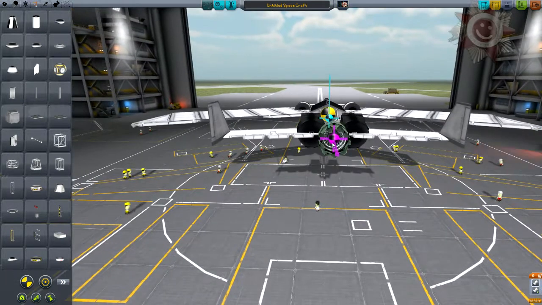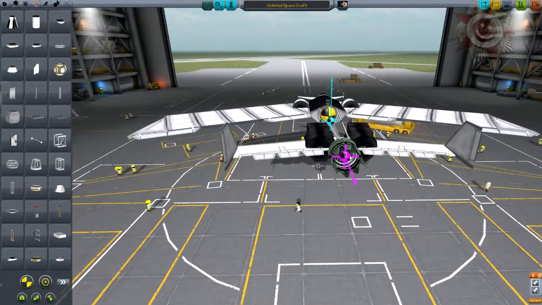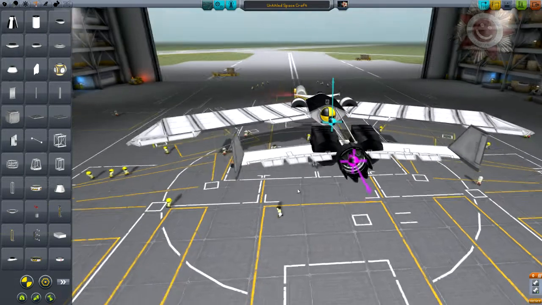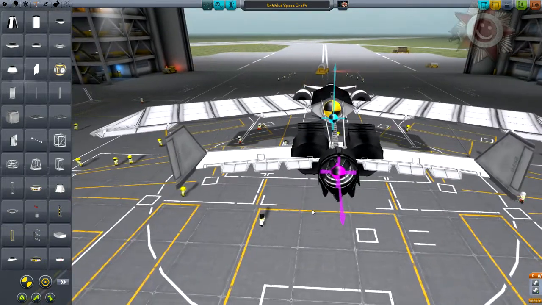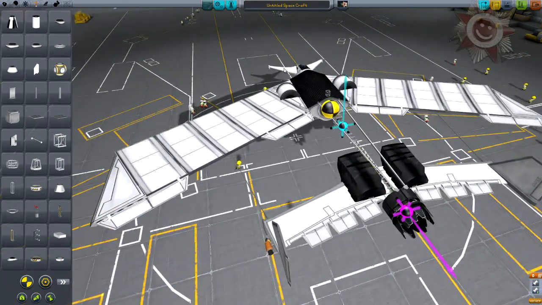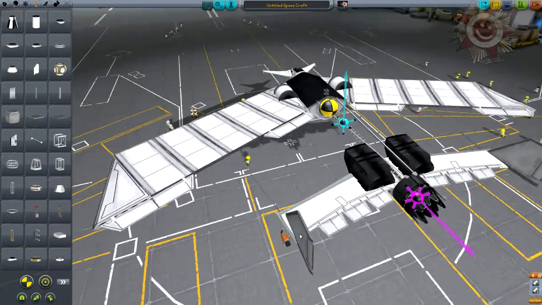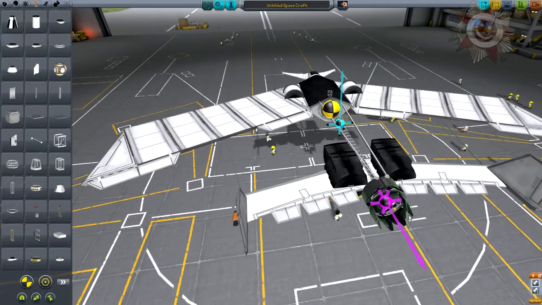If it's just a little bit off center, you may be able to get away with it, because the plane has these control surfaces here in the front and in the rudder, and they will try to keep the plane going straight.